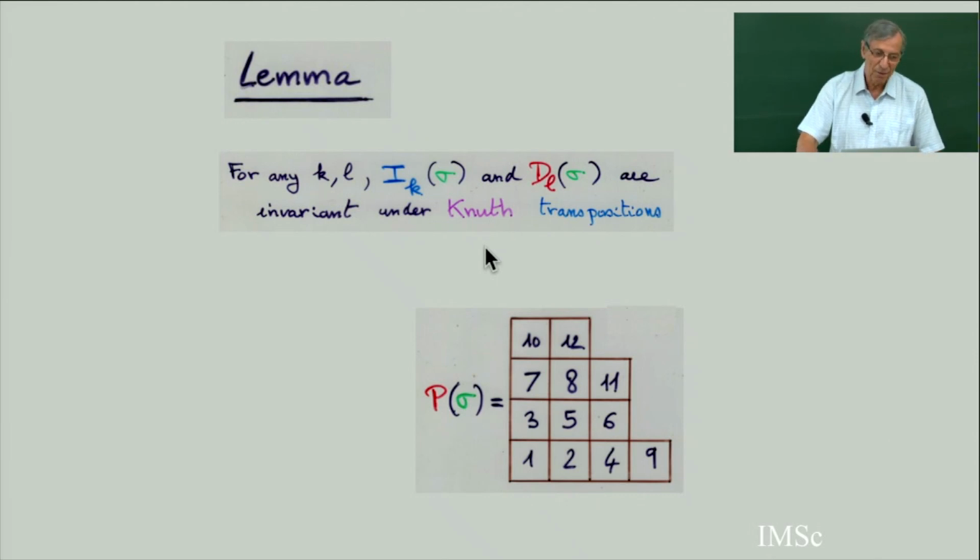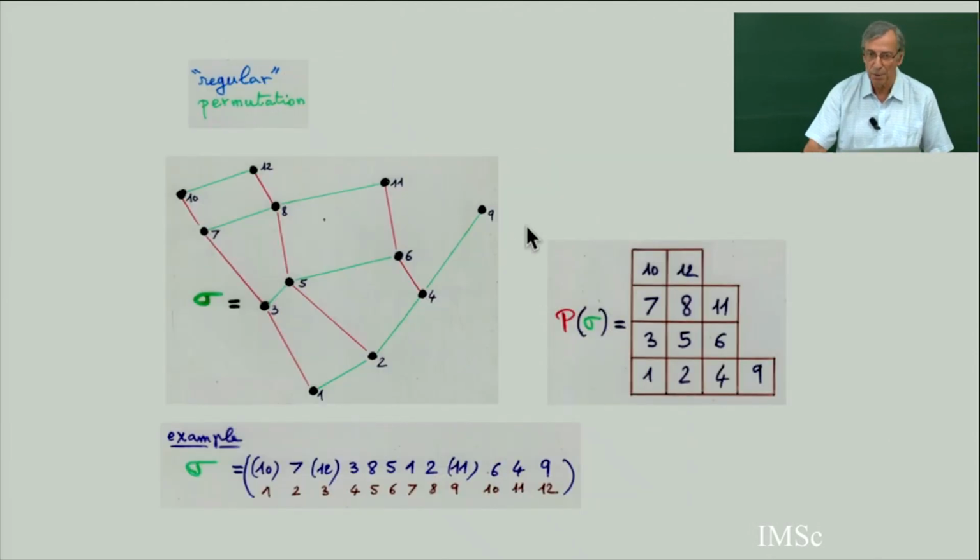In fact, it's the reading word of the permutation. You remember, I read from left to right, from bottom to top. It would be 10, 12, 7, 8, 11, etc. The reading word of this tableau. If I get this tableau as the P symbol of the permutation, its reading word is a very particular case of what I called last time a regular permutation, which maybe was not very clear from my talk.